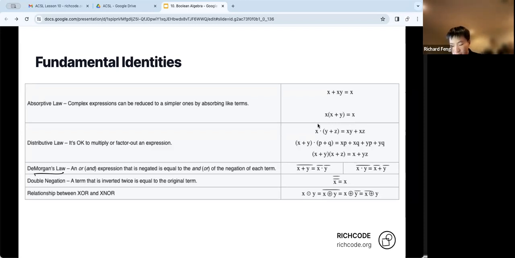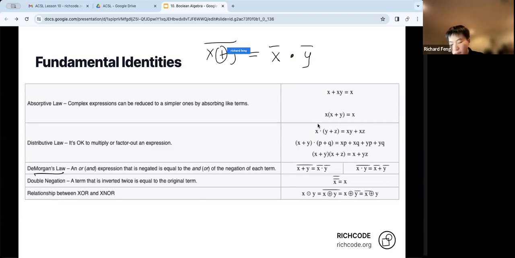So basically, we have x or y, but we want to not the whole thing. Be careful here. Many of you may assume this is equal to just this, but you cannot break apart this expression. De Morgan's law states instead of or over here, it should be and.